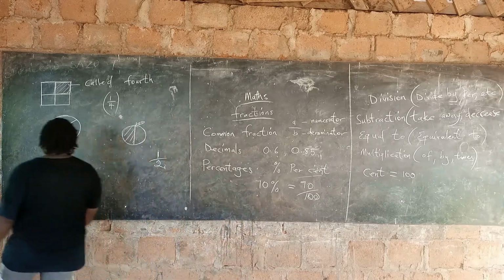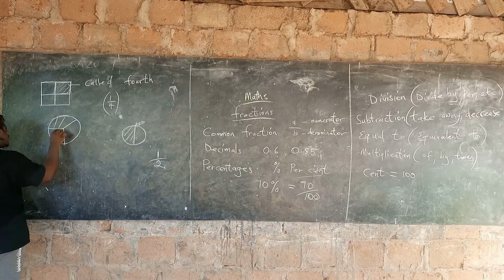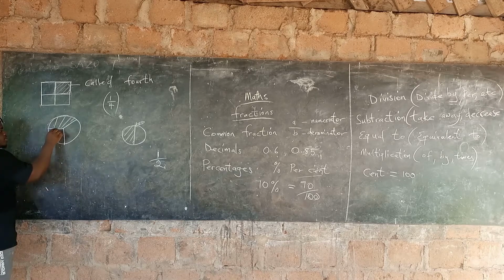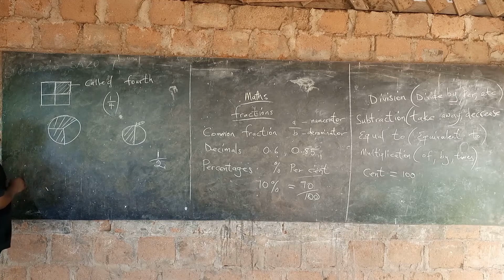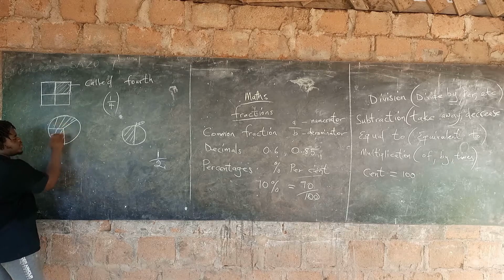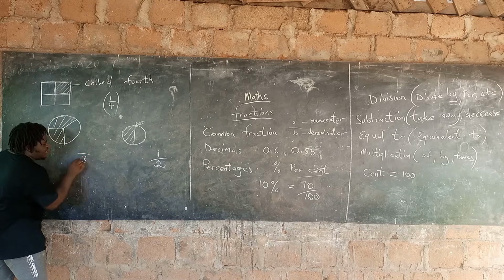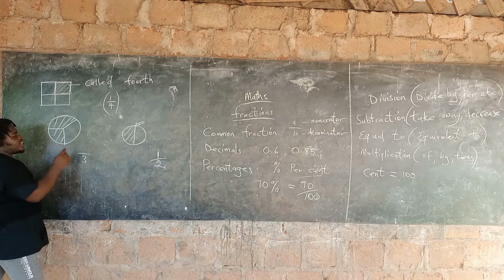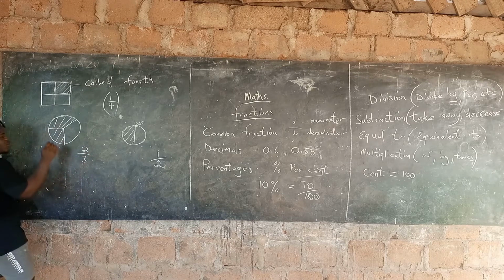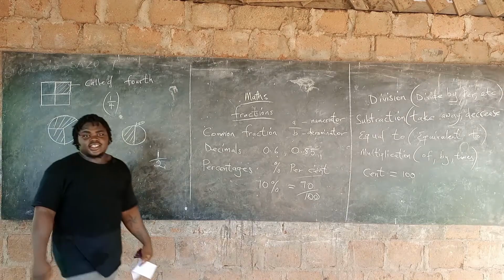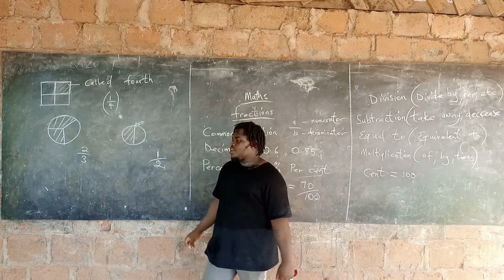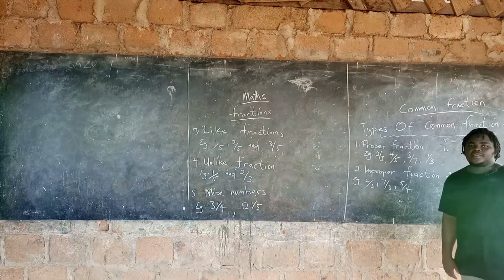So let's say that we've shaded two parts of the circle. So it means that we have three equal parts. 1, 2, 3. So 3 equal parts. And we are dealing with how many parts? We are dealing with 2 parts. That is the shaded part. 1, 2. So this is how to write this figure in digits. Good.